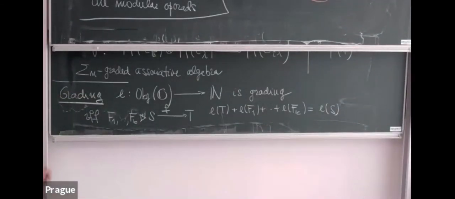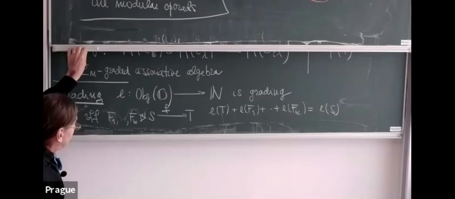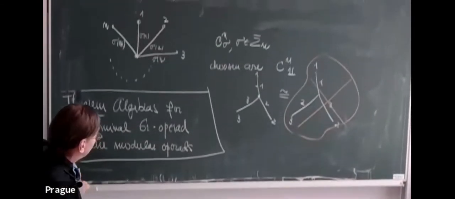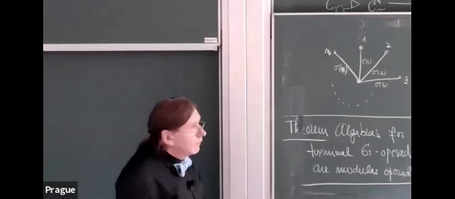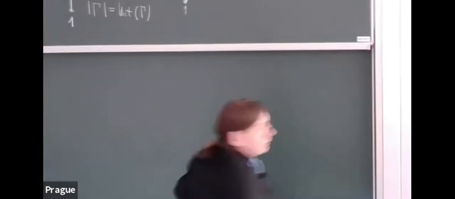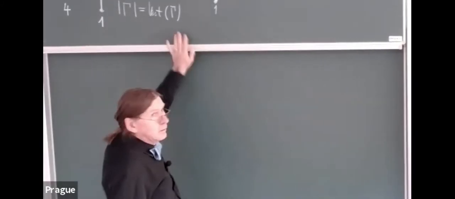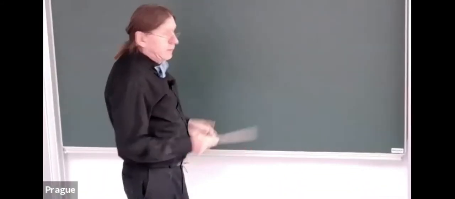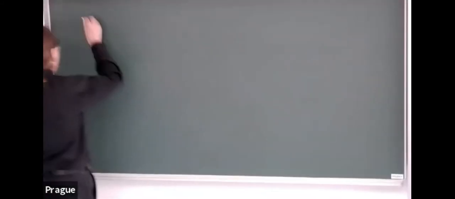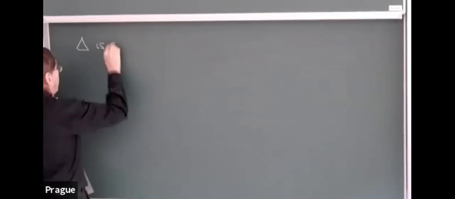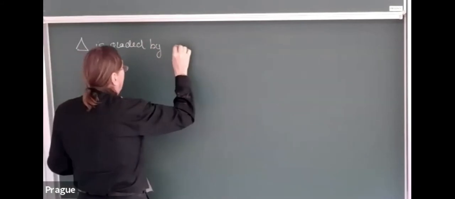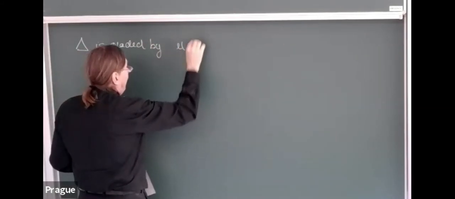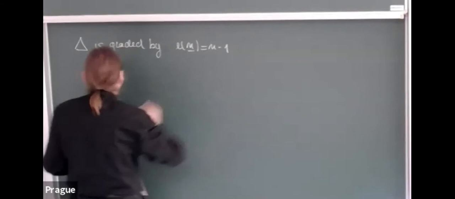So examples. Example number 1: Delta is graded by the grading of n, which is n-1.